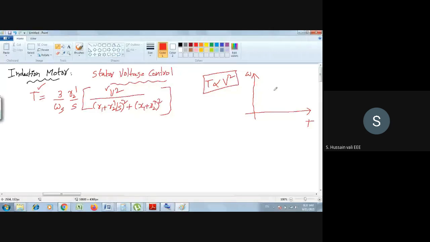But now see here, as we took speed on the y-axis, you'll get something like this. This is the torque speed characteristics of the induction motor. Now we will draw some more graphs by changing the value of V. Then we will get graphs like this.